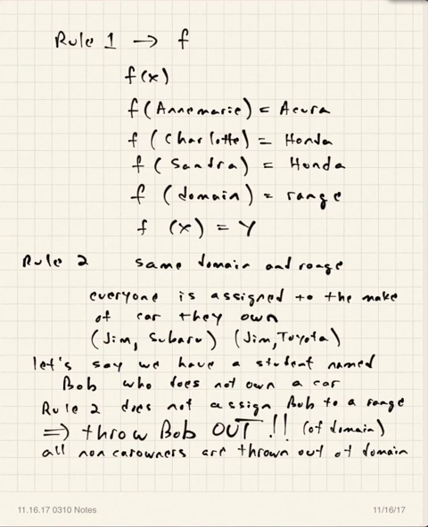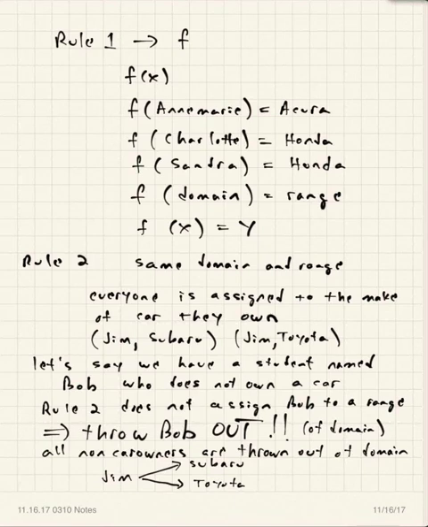Sometimes you'll see that written out in a chart form, where you'll see the domain value written and then arrows to signify the relationship. And you have Jim would get assigned to Subaru and Jim would get assigned to Toyota. That is something that cannot happen, right?